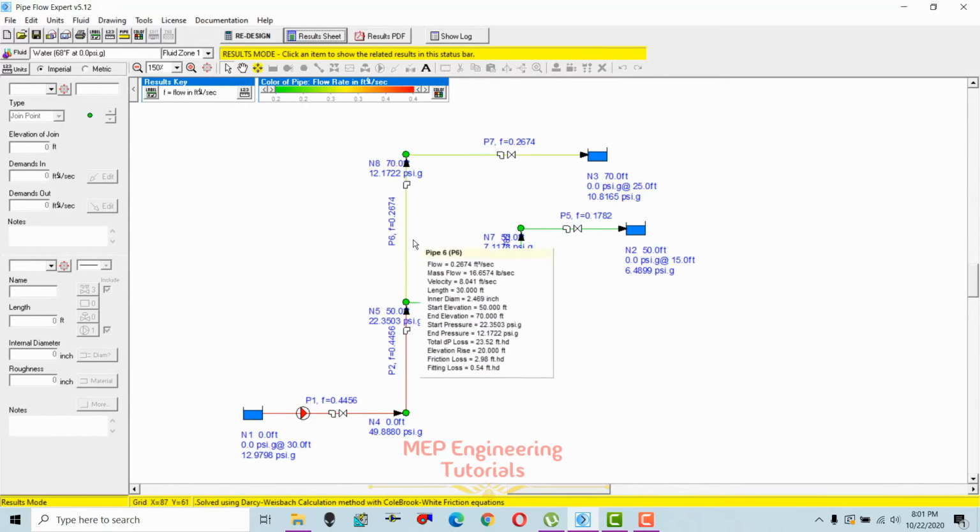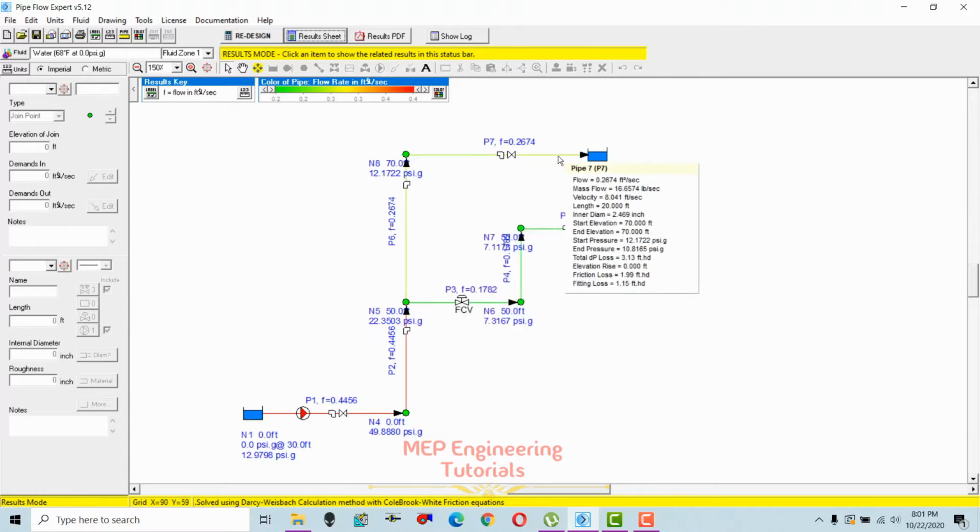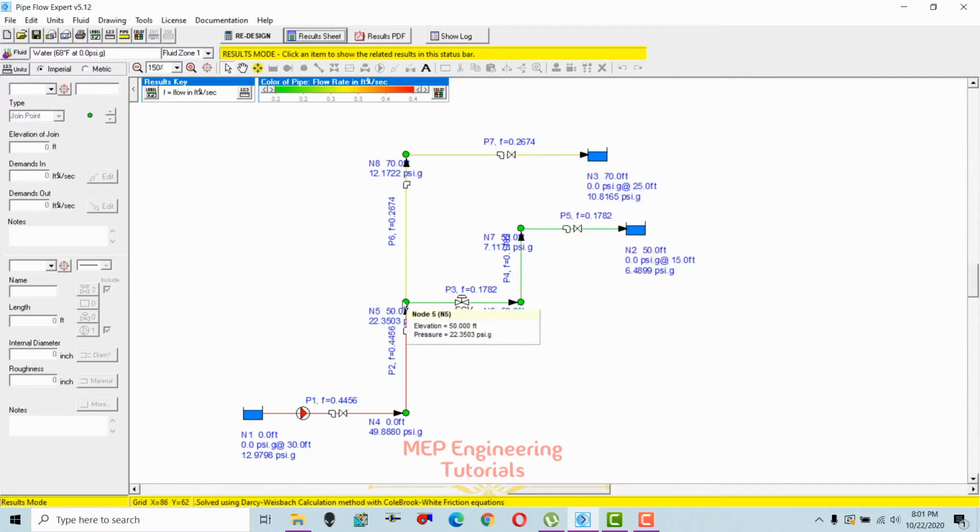If you hover your pointer over any pipe segment, you can check the results like flow and velocity, length, diameter, start elevation, end elevation, start pressure, end pressure, everything you can see in here. Even at the tank you can see that liquid level, elevation, pressure, everything is shown in here.